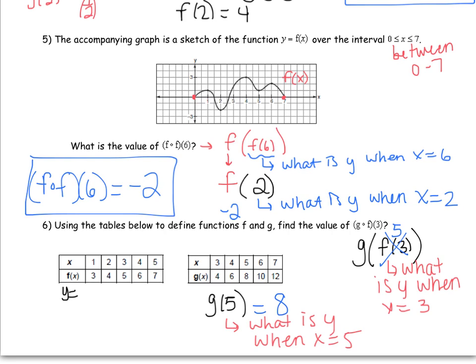The answer is 8, because this is your y equals. So x is 5, y is 8. So 8 was the last step, so that's my final answer. I ran out of room to write it, but this whole thing equals 8.